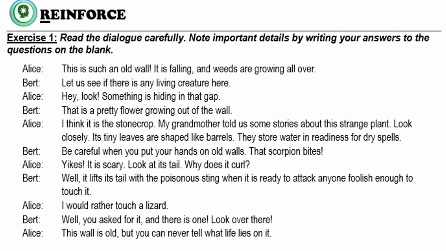This is such an old wall. It is falling and weeds are growing all over. Let us see if there is any living creature here. Hey, look! Something is hiding in that gap. That is a pretty flower growing out of the wall. I think it is the stone crop. My grandmother told us some stories about this strange plant. Look closely. Its tiny leaves are shaped like barrels. They store water in readiness for dry spells.